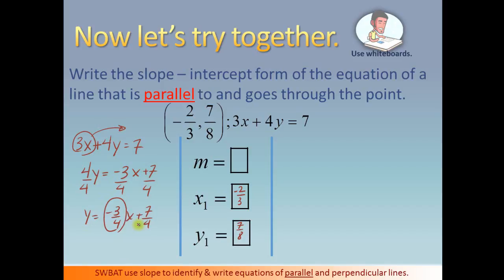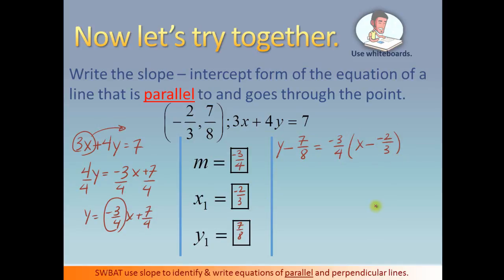The slope of our new line, which is parallel, is also going to be -3/4. Starting with point-slope form again, y minus y1, which is 7/8, equals m, which is -3/4, times x minus x1. Be really careful of your signs and don't lose any negatives.